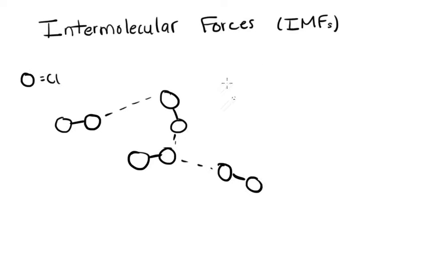A good comparison I like to say is IMFs are weaker than covalent bonds, which are weaker than ionic bonds. There are different types of intermolecular forces, and let's start with the first one.